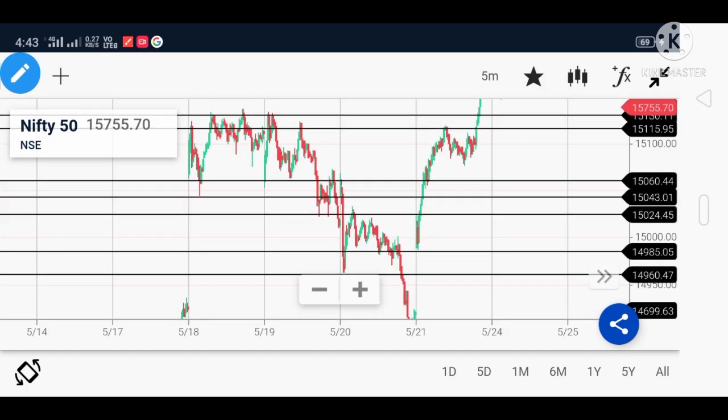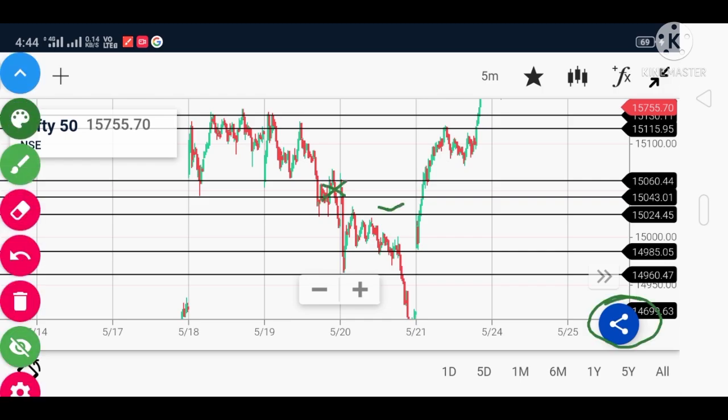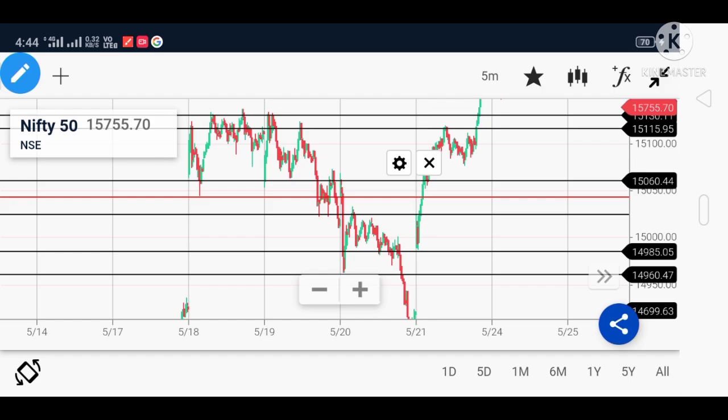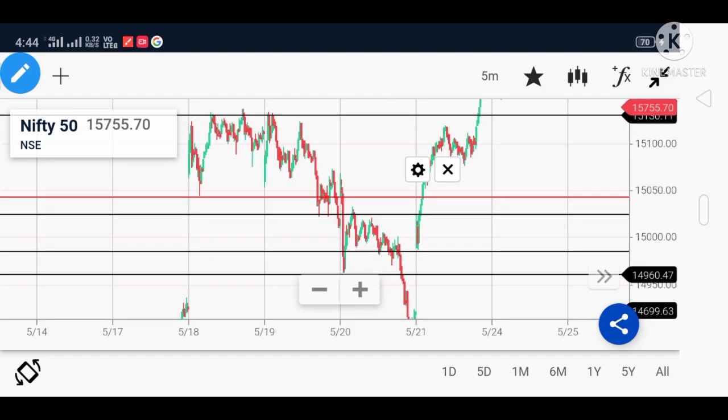Now let's move to the lower levels. Yeah, 15,060, 15,043, 15,024. Now let's find the differences. The upper one will be around 17 points, so this is not valid. Okay, we need 15 points, right? 15,043 and 15,024 is almost 15, more than 15 points, so we didn't find any levels, right? So we will remove these.